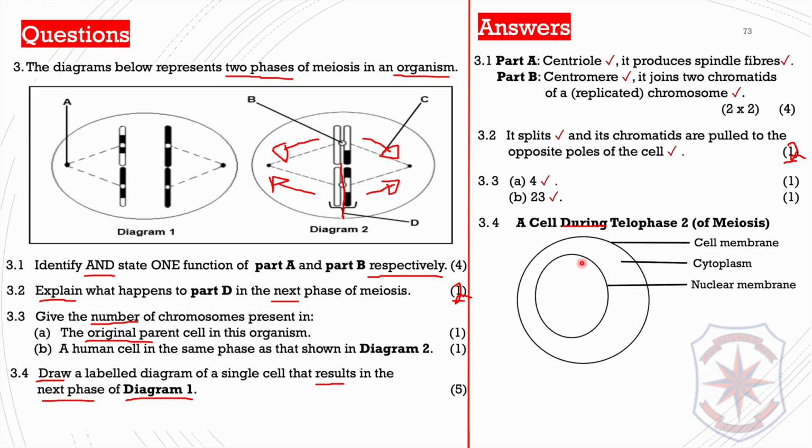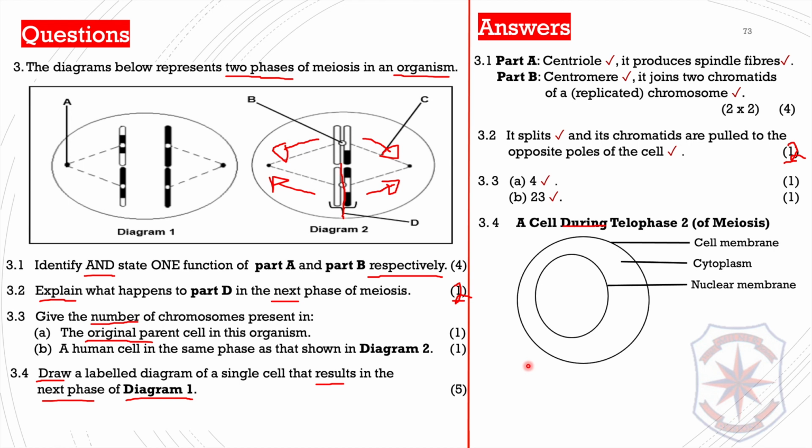Okay, remember, after telophase 2, the nuclear membrane reappears around the chromosomes. Okay, that's why we are including a nucleus. Every other phase should not include a nucleus. Only during prophase 1, when it begins to disappear, and after telophase 2. Okay, so there is our nuclear membrane.